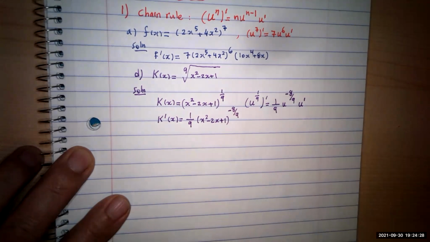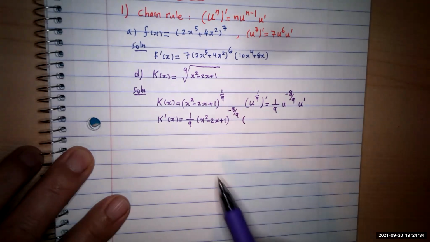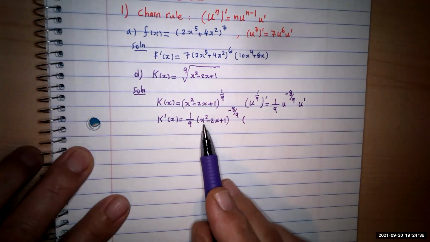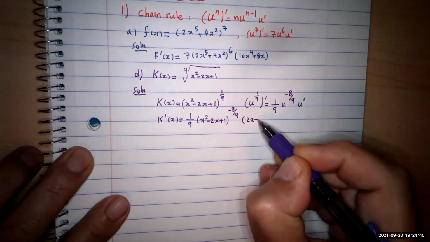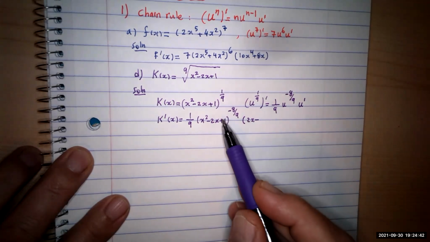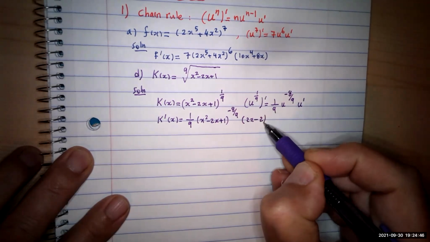Now you have to pay for it, u prime. U prime is the derivative of the inside, times it by the derivative of the inside, you know that, just the power rule. Derivative of x squared would be 2x minus derivative of the 2x is 2. 1 times 2, 2. And that is the end of the problem.